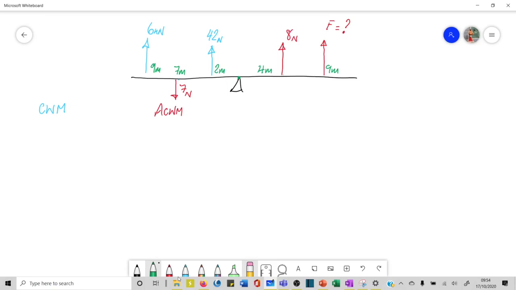Okay, so we've got 2 clockwise moments, the 6 and the 42 kilonewtons, and then we've got the 8, but at 9 meters we've got an unknown force, and we need to find out what that is to provide equilibrium. Okay, so let's calculate the clockwise moment first. So remember, it's force times distance, capital F and a lowercase d. That's the way it's put.